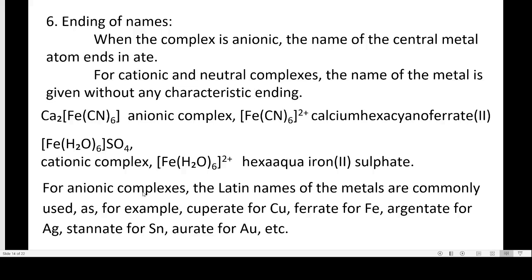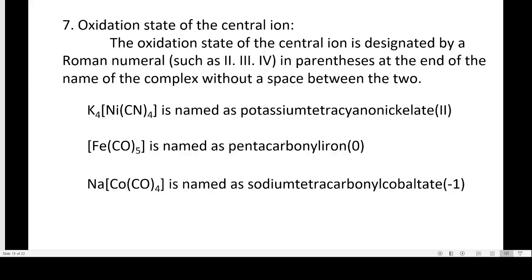For anionic complexes, usually the Latin names of metals are commonly used, like cuprate for copper, ferrate for iron, argentate for silver, stannate for tin, aurate for gold. And oxidation state of central ion.